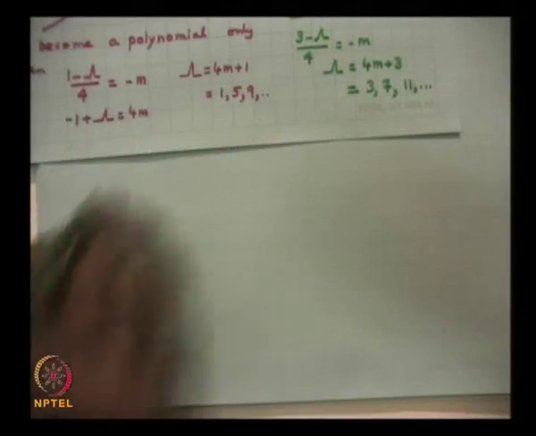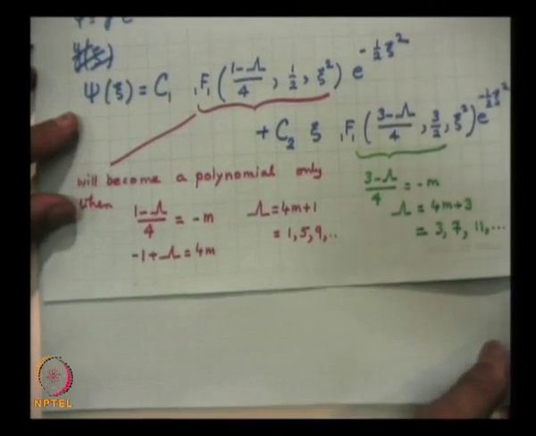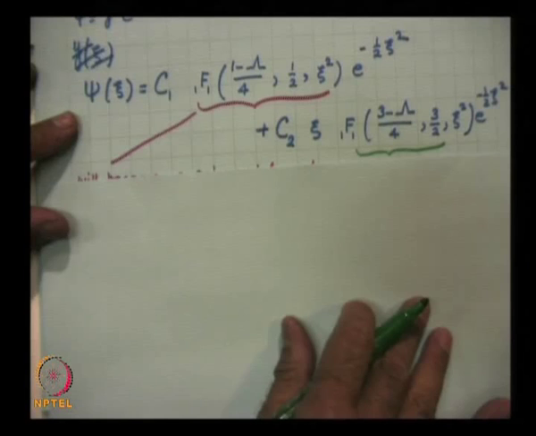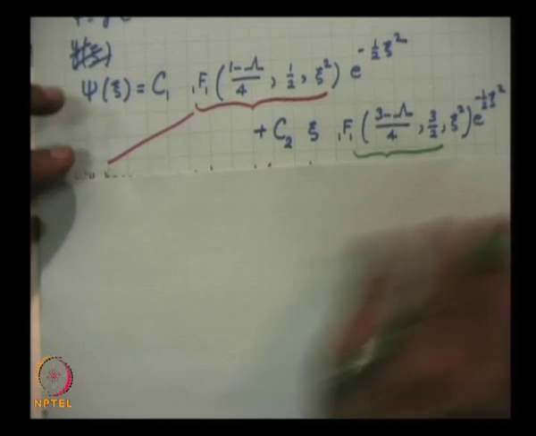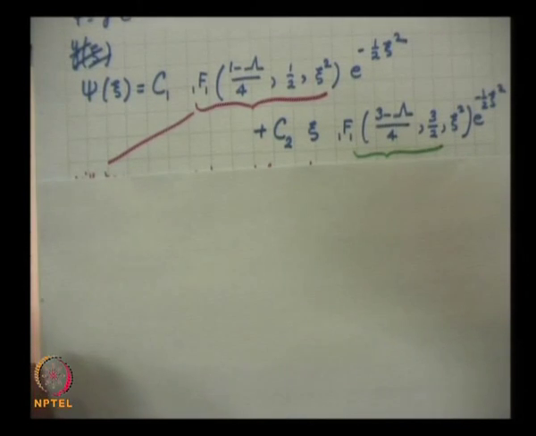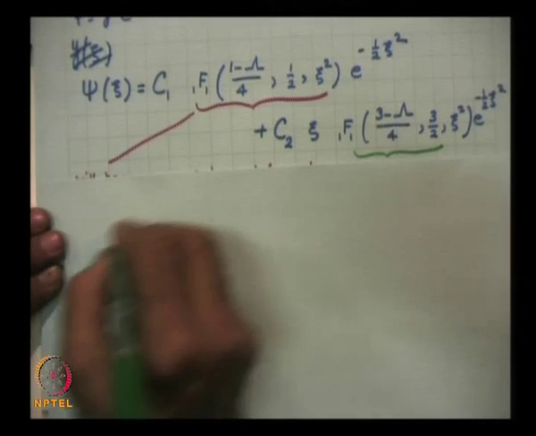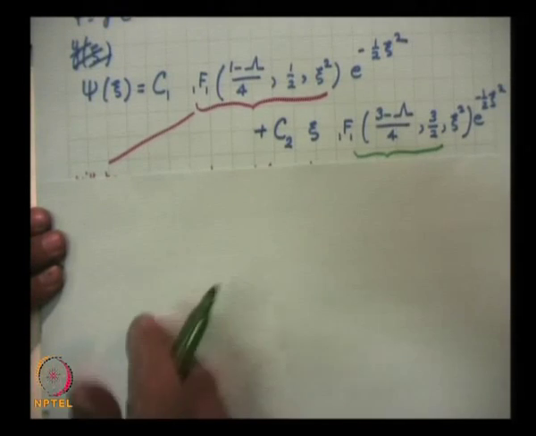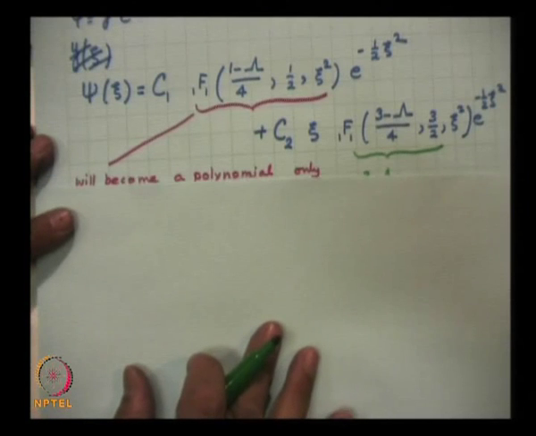Now, let me go back to the solution that we had written. We assume that these are the two solutions. So, let me assume that lambda is 1.